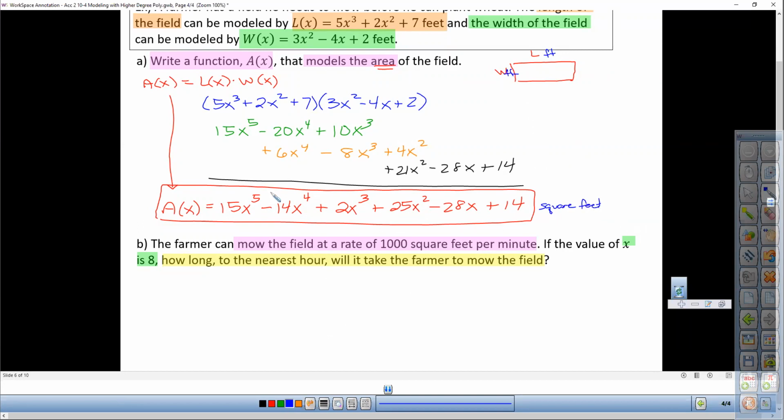So when I plug in 8 and figure out what A of 8 is, I have 15 times 8 to the 5th power minus 14 times 8 to the 4th power, and so on. This number is going to be in square feet.